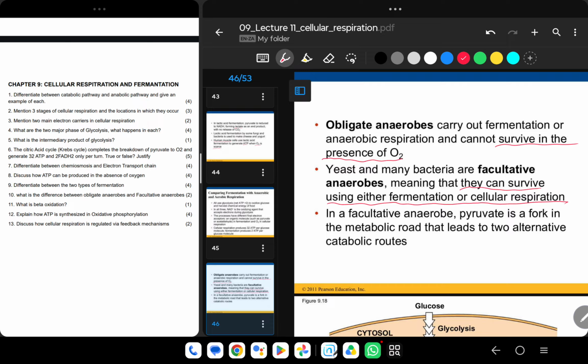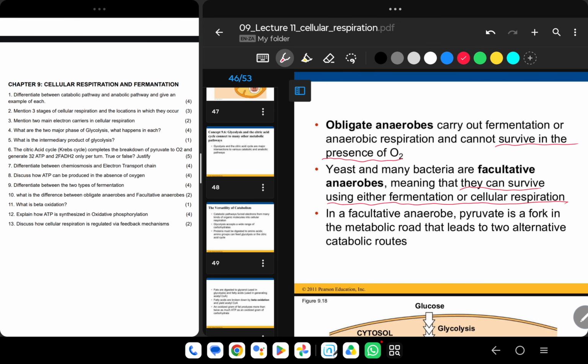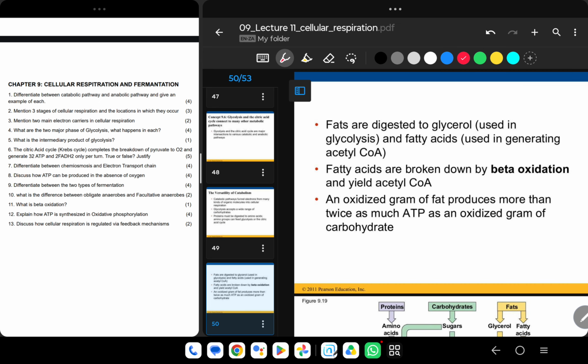So we also have what we call beta oxidation, which is basically a process that involves the breakdown of fatty acids into ATP. So that's basically beta oxidation. It involves the breakdown of what?